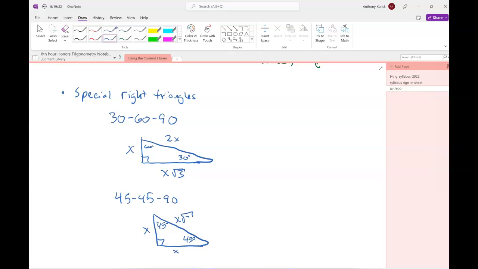When I write my radicals, I always put the radical part at the end so I don't get confused about what's under the radical and what's not. It's the same thing as saying root 2 times x, though. I just write it that way.